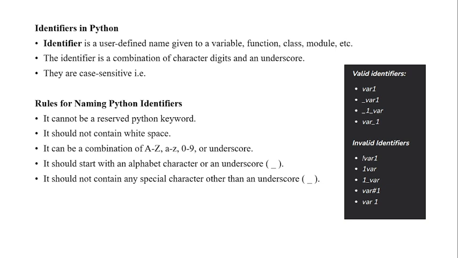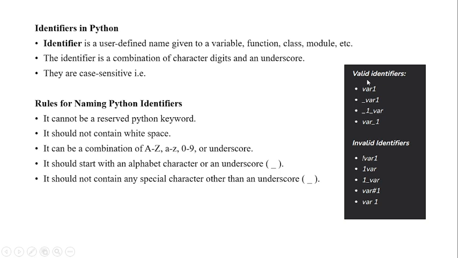It should start with an alphabet character or underscore, and it should not contain special characters such as at the rate, percentage symbol, dollar symbol, asterisk. Other than the underscore, no special character is valid. So here are valid and invalid identifiers.